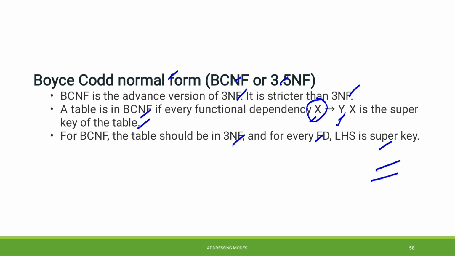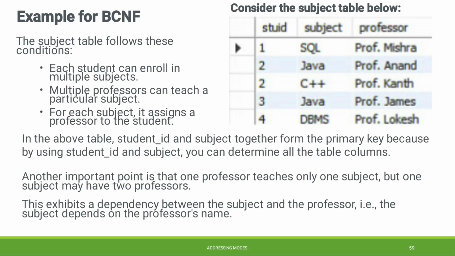For this, we shall see an example. So let us consider an example for BCNF. Considering this subject table, it has three attributes: STUID, that is student ID, subject, professor.